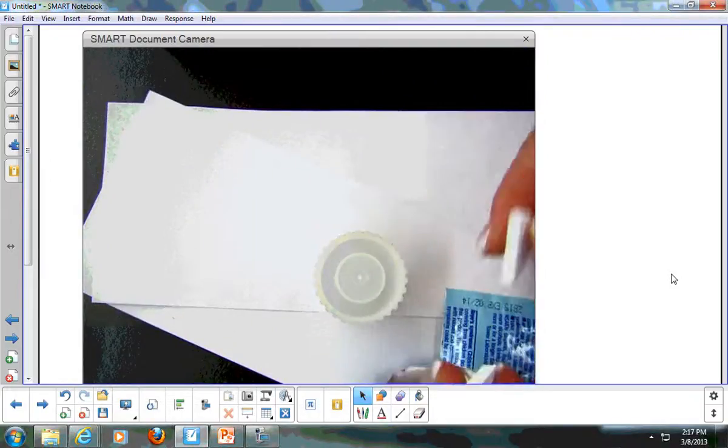So on this one, just because I want to show you how it works, I'm going to take a little bit of water and go outside by the doors. So I filled it with water, and I'm going to put that in, close it, and turn it upside down.